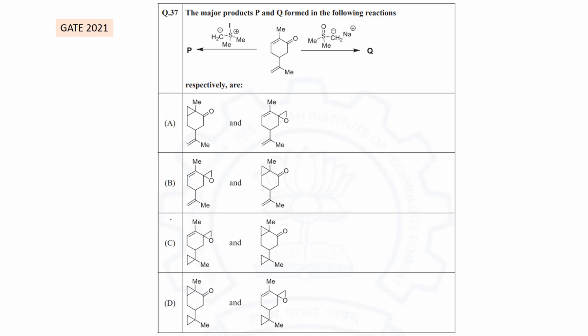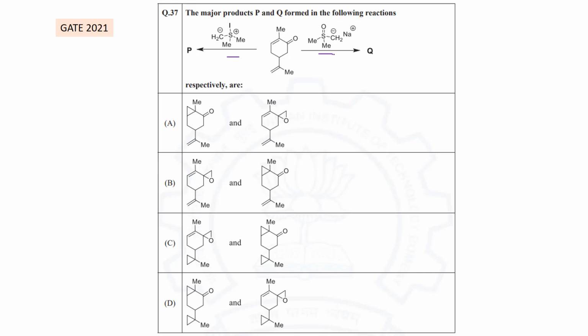This is also, we know about this one, like Chugev, not Chugev actually, I forgot the name of the reaction. You know about the sulfur ylide. So this is sulfonium ylide and this is sulfoxonium ylide. So you know the difference. In presence of sulfonium ylide, if there is a carbonyl compound, that will give an epoxide.